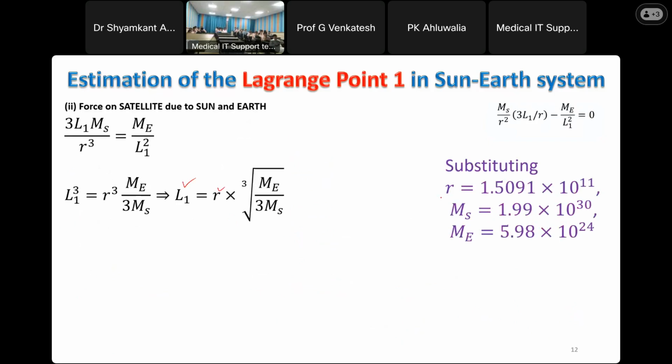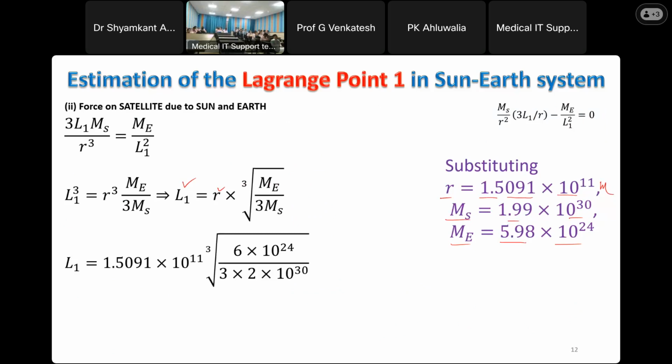So here we want to substitute the distance between Earth and Sun, that is 1.5 into 10 power 11 meters. Then the mass of Sun is about 2 into 10 power 30, and the mass of Earth is about 6 into 10 power 24. So we can plug in these values, and here you can see that this 6 with 3 into 2, 6 vanishes, and inside the cube root we have 10 to the power minus 6. So 10 to the power 24 minus 30 will be 10 power minus 6.